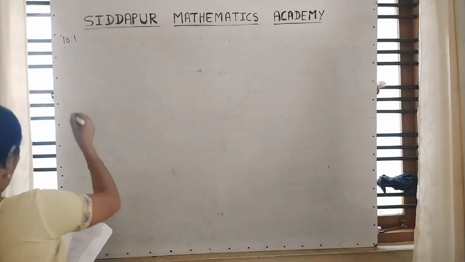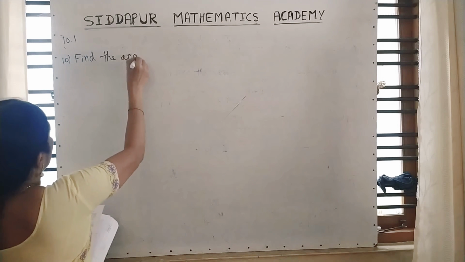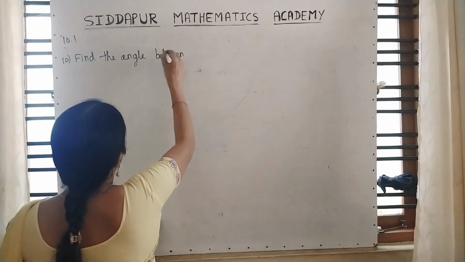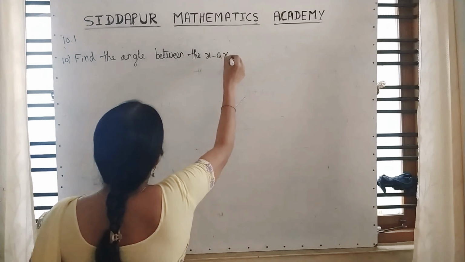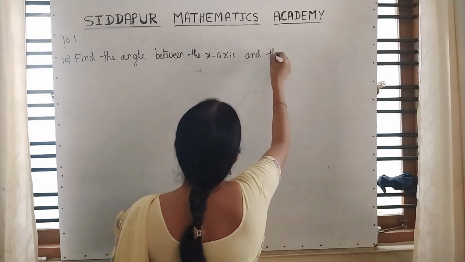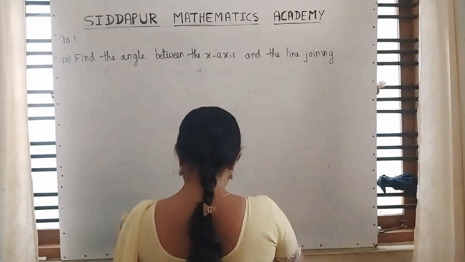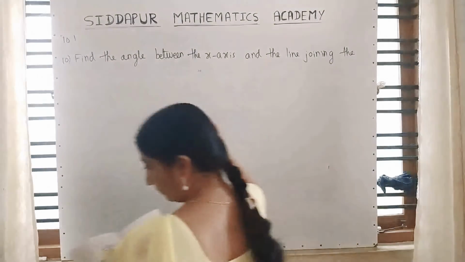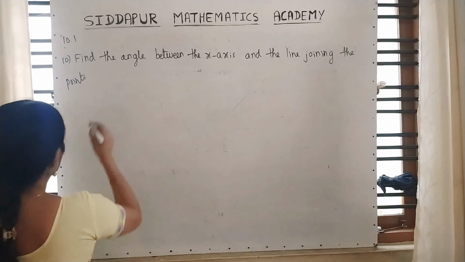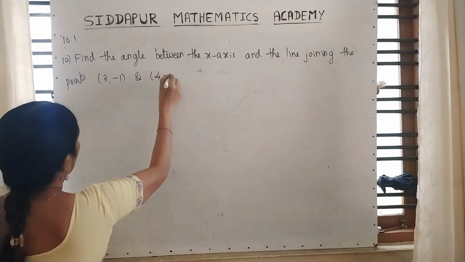Question 9 is over. Question 10: Find the angle between the x-axis and the line joining the points (3, -1) and (4, -2).